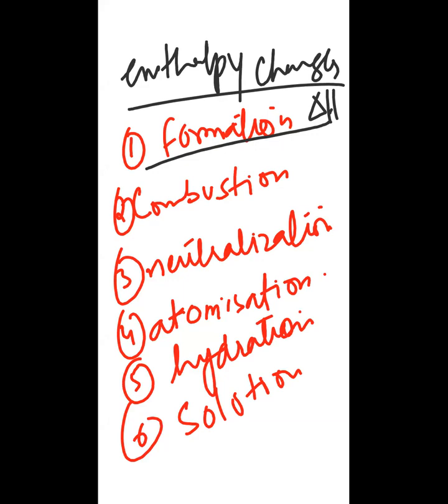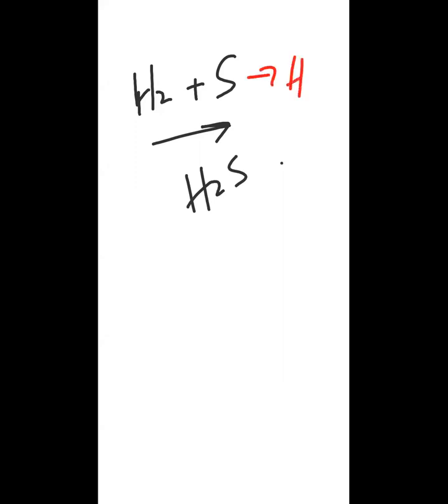Let me give you an example. For example, let's make a compound. Hydrogen is reacting with sulfur, and that is giving you H2S. What is happening here? There is hydrogen and there is sulfur, and you are getting one compound, H2S.